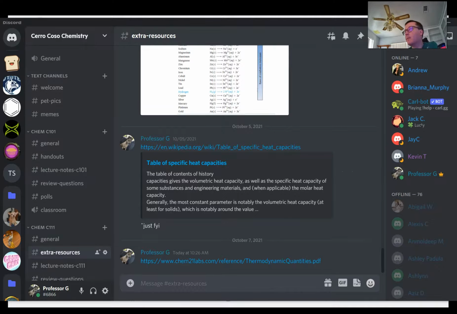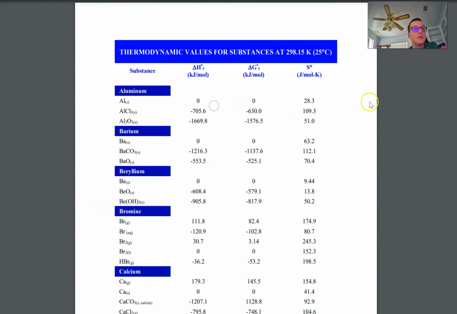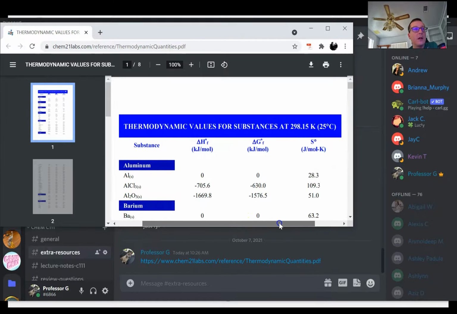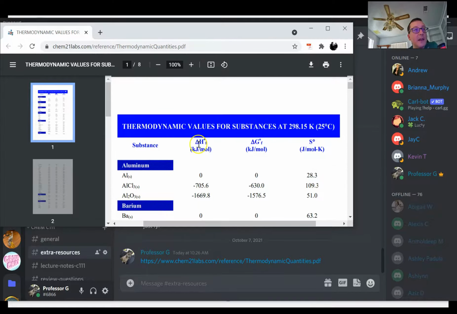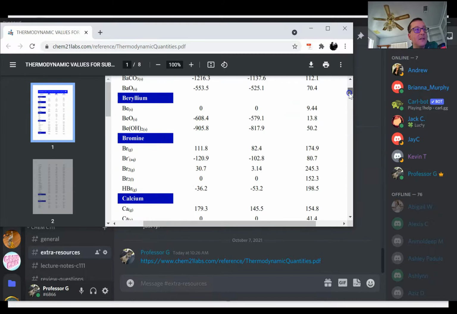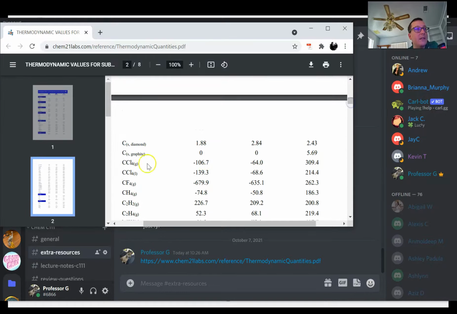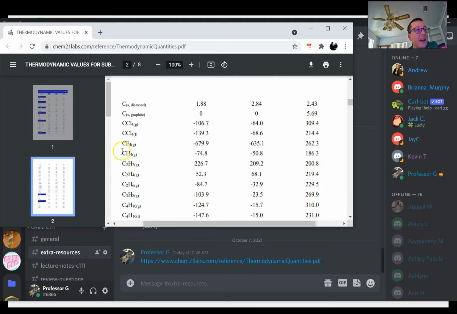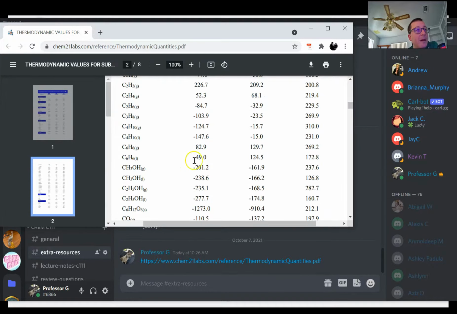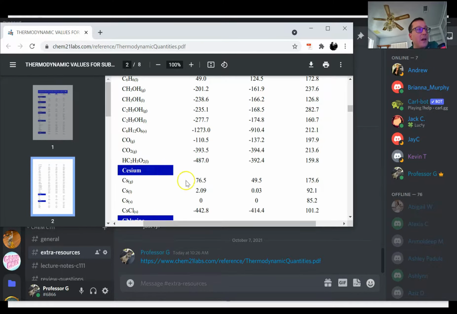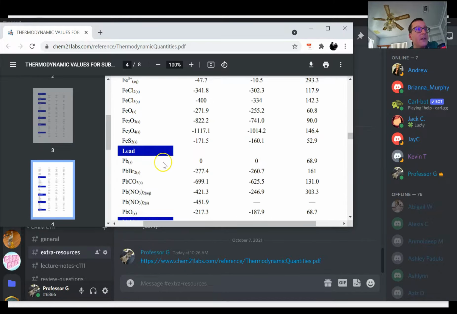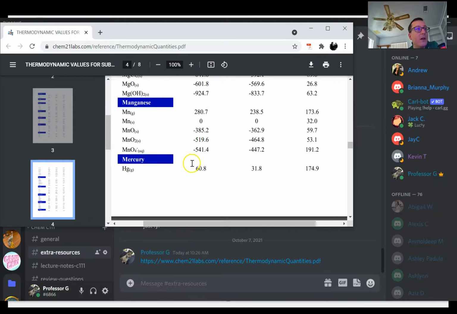What we're looking at is this table, which has delta HF values for many substances. If we look at some of these, we have graphite, diamond, carbon as a gas, methane, methanol as a gas, carbon dioxide, cesium, iron, solid, lead. We have all these different things.